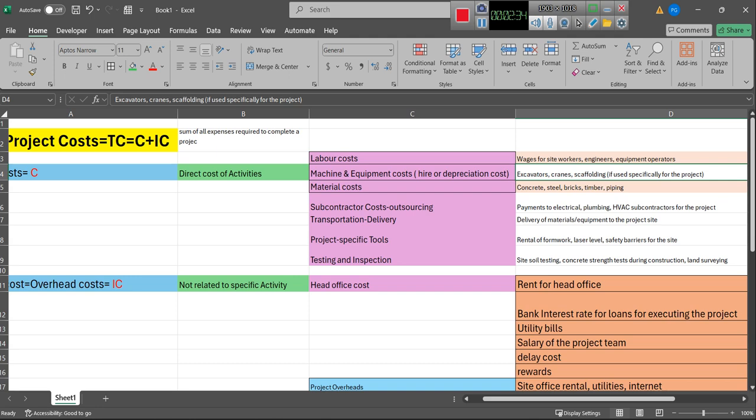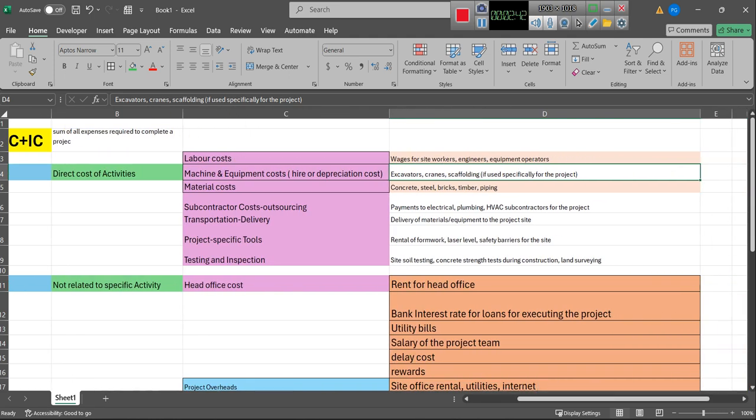The other one is outsourcing. When you outsource activities, you have subcontractors. For example, an electrician, plumbing or HVAC subcontractor, a tiler, a flooring guy, a roofer, or anybody else. In MSP, we put that as a fixed cost. We are not going to put that on the resource sheet.